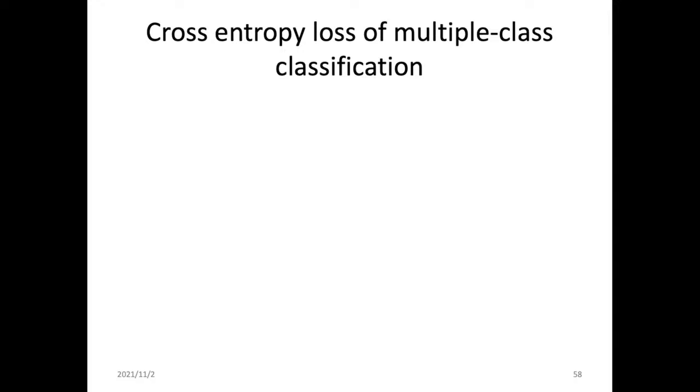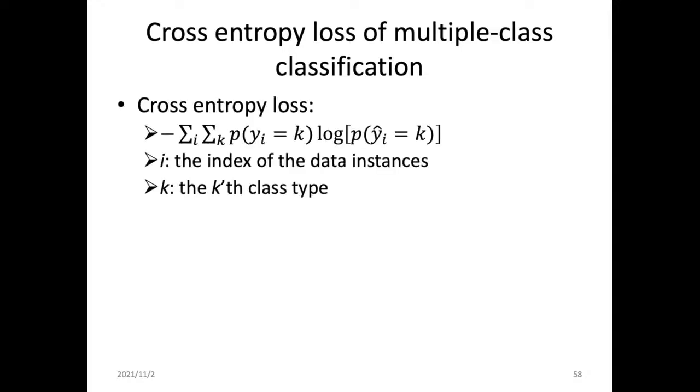Next, we introduce cross-entropy loss for multi-class classification. We introduced cross-entropy loss for the binary classifier. If you remember in logistic regression, we try to minimize the cross-entropy loss to find the thetas. For multi-class classification, the cross-entropy is an extension of the binary cross-entropy.